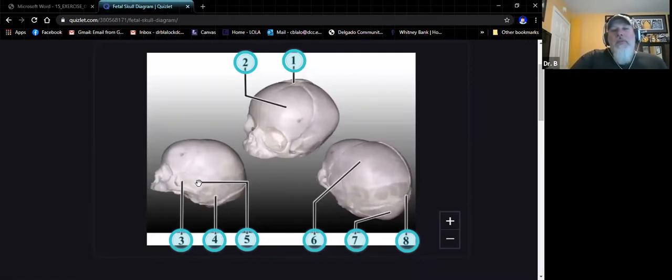And our temporal bone is going to be located right here, almost right on the side of the head, right near the ear. Just anterior to the temporal bone, we're going to have our anterior lateral fontanelle, which is number 3. And then number 4 would be where the posterior lateral fontanelle would be.